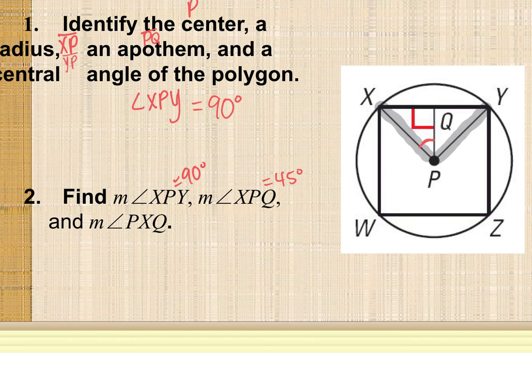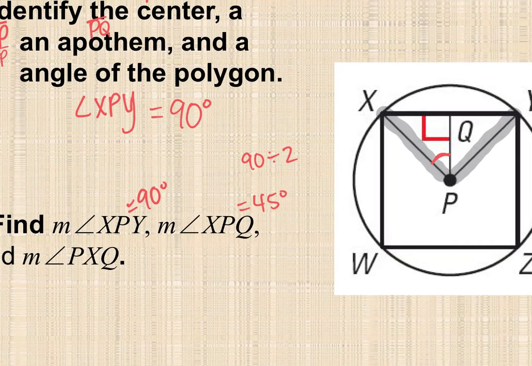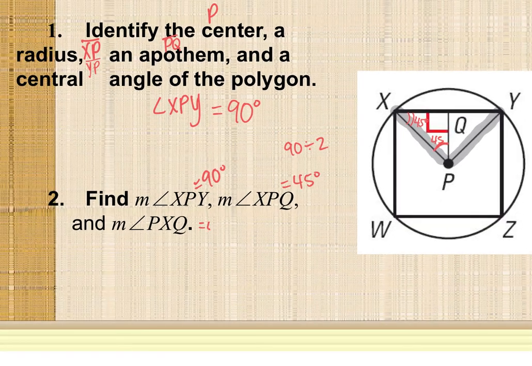You just take whatever angle you had for the central angle and you divide it by 2. So write down it's 90 divided by 2. And what would be PXQ? If this one's 45, what does this angle have to be, Zoe? 45. Excellent, because it's part of a 45, 45, 90.